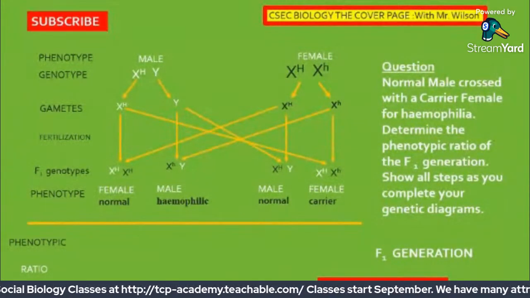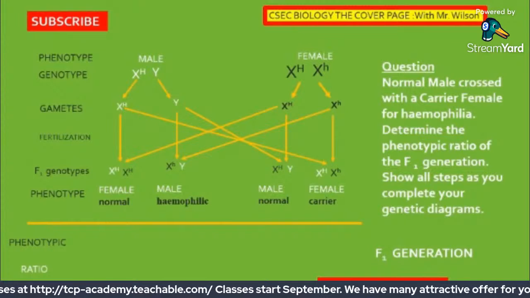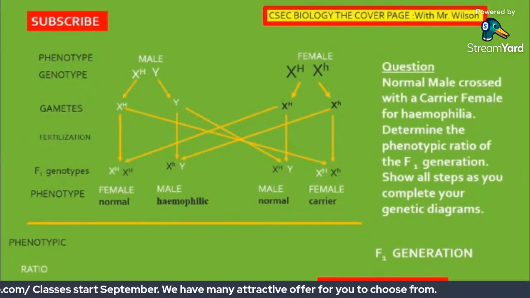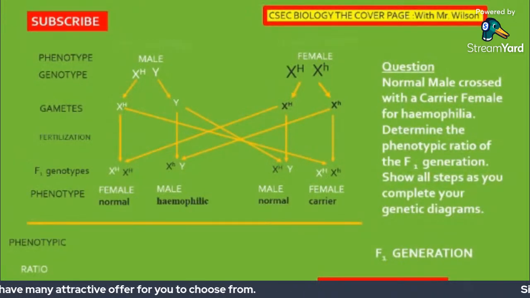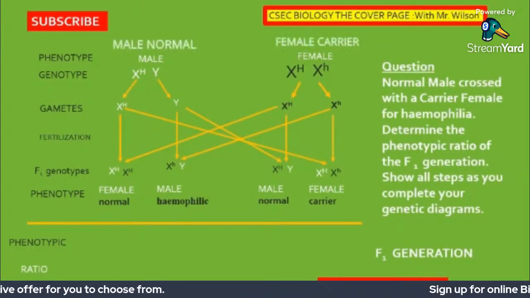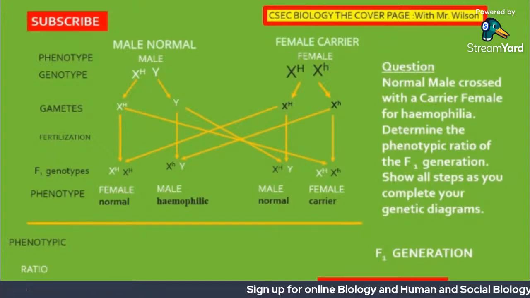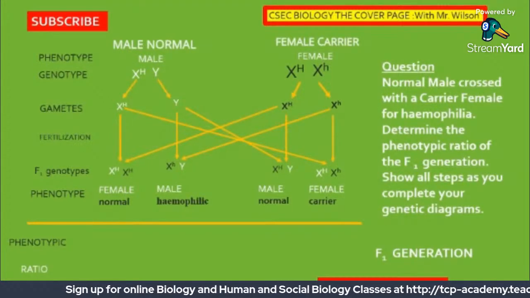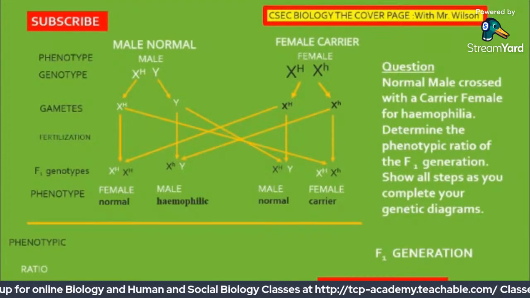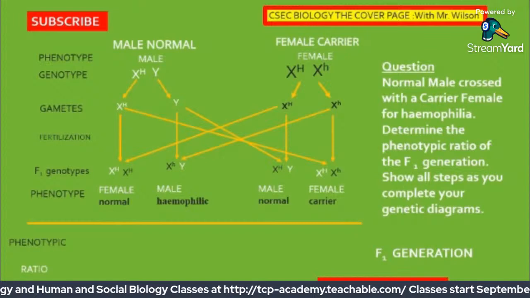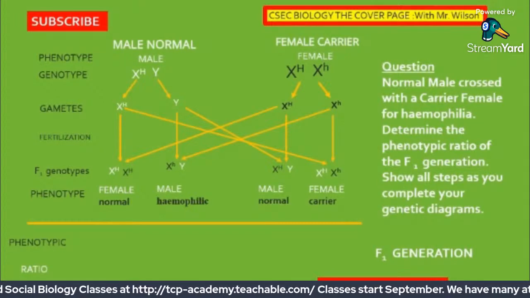Now remember, the dominant allele is that allele that will be expressed. Once the genotype has that allele, then it will be expressed in the phenotype. However, the recessive allele will not be expressed unless it is in its homozygous recessive state, which means that you have two small h, except in the case of sex-linked inheritance with the male.